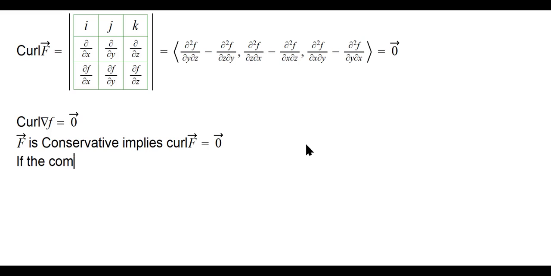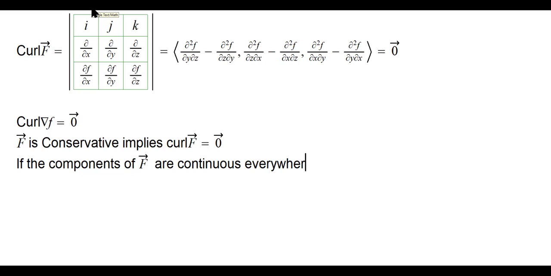And what happens is this, that if the components of F are continuous everywhere in our region of interest, then you can see that if the curl is 0, that will imply that F is conservative, okay?